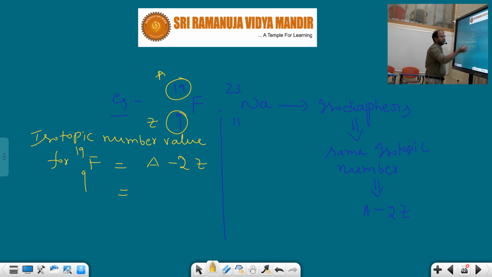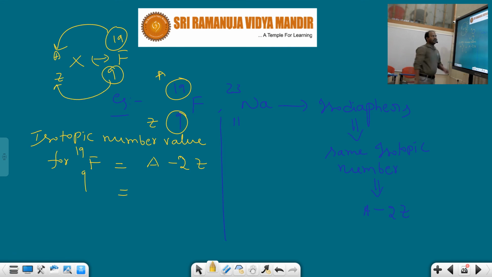Atomic number is 9, because in XAZ form, 19 means mass number and 9 means atomic number.